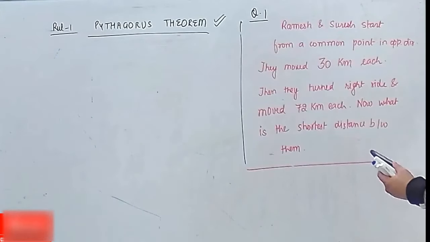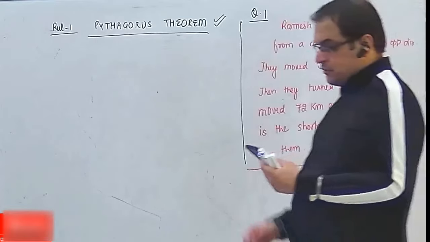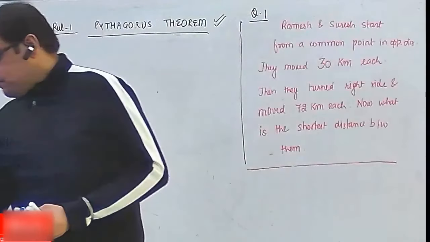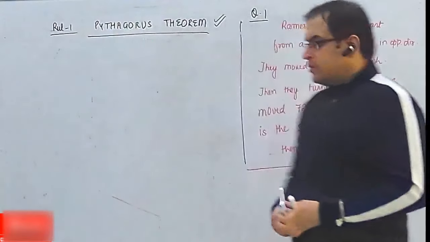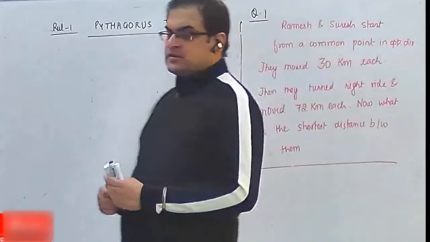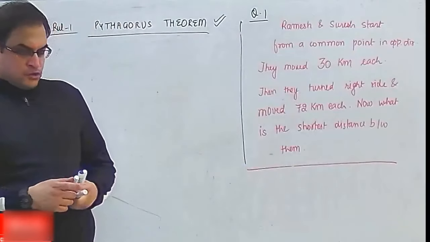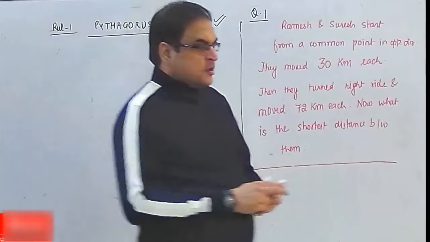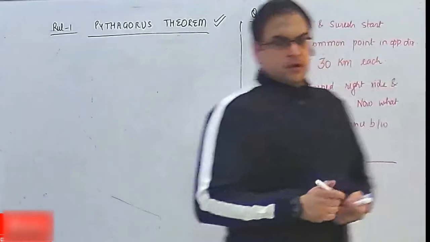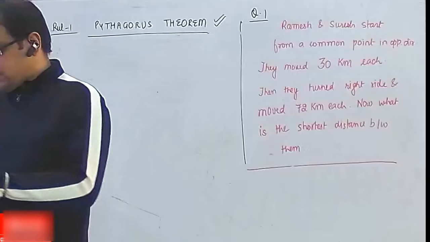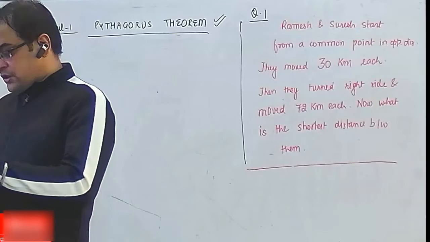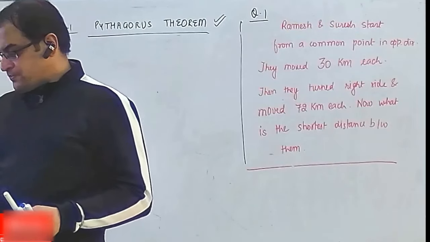Now what is the shortest distance between them? Wherever they are right now, what will be the shortest distance between them? How do we solve such a question? First, you try it at your end and give me the answer in the comment box. Then I'll tell you how to go about it.